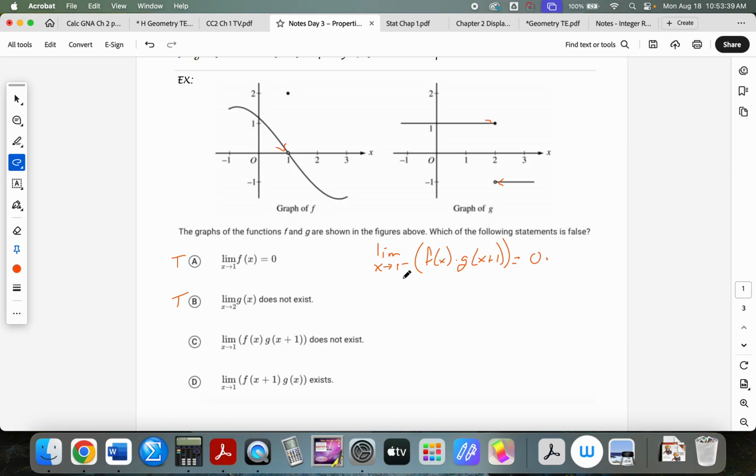As x approaches 1 from the left, g of x plus 1 approaches 1, right? So that's 0.